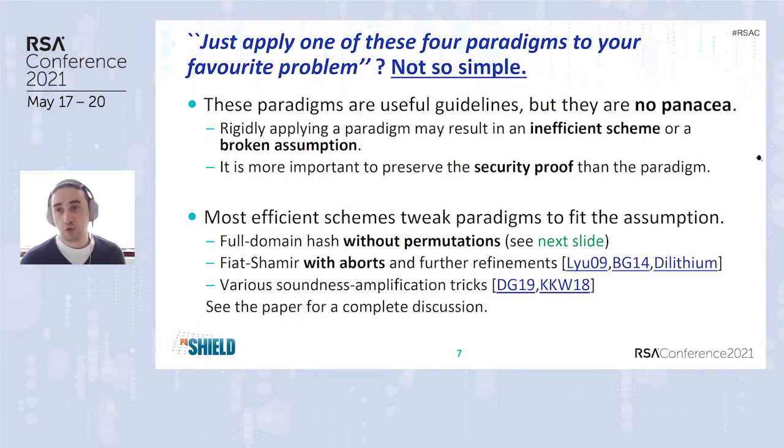And again, looking at existing works, the approach which seems the most fruitful is to tweak the paradigms and the problem to fit the assumption, and the important thing to preserve is a meaningful security proof. And in our paper, we highlight a few examples where indeed the latter approach seems more successful than the prior approach. But in this presentation, I will only focus on one single example.